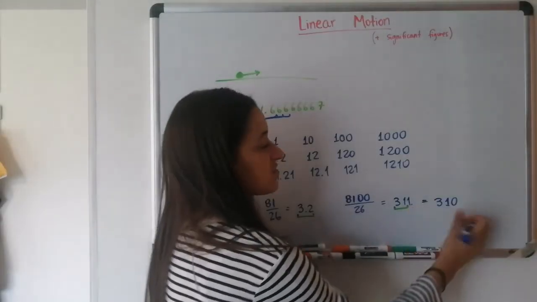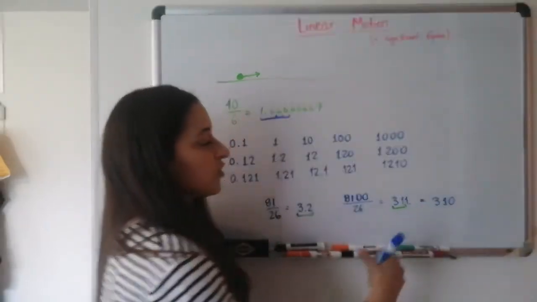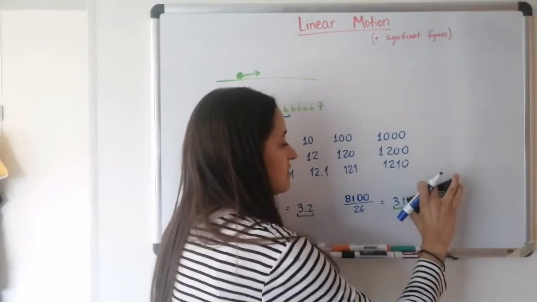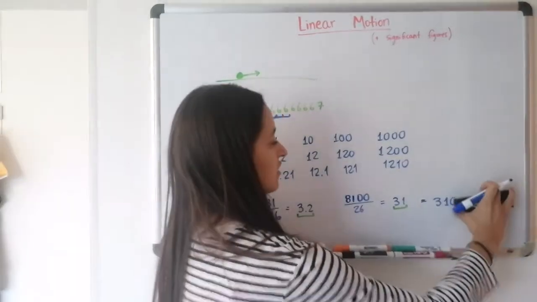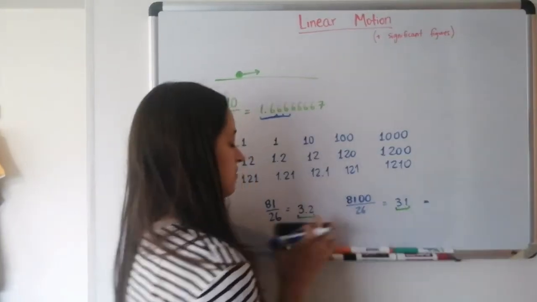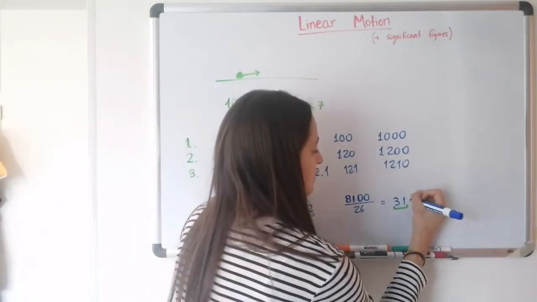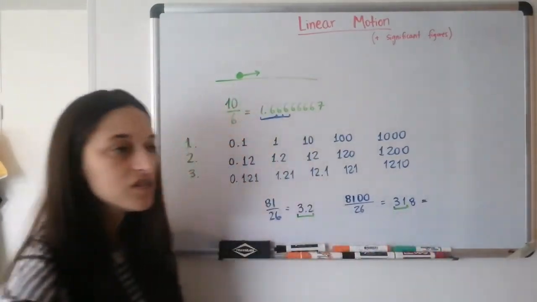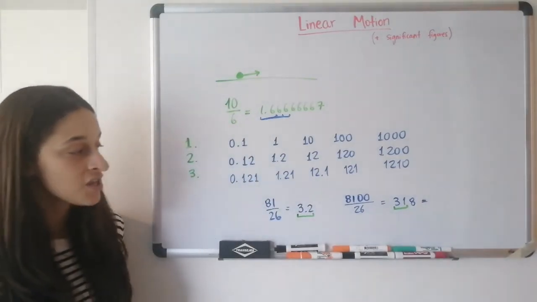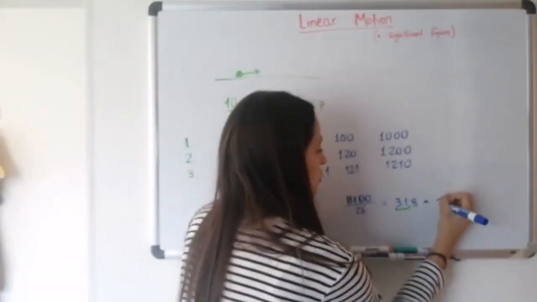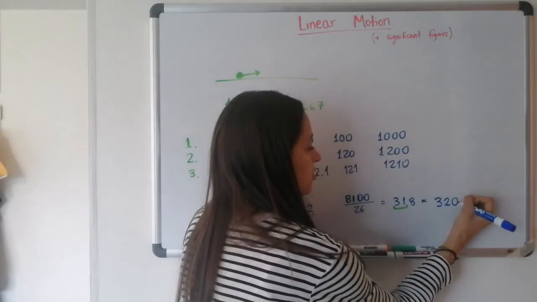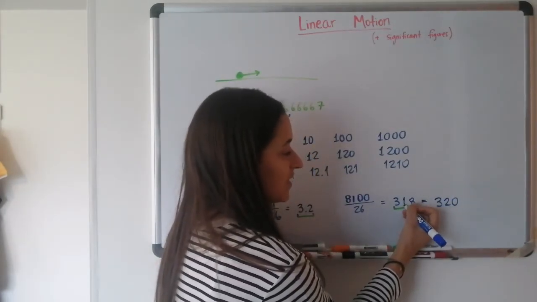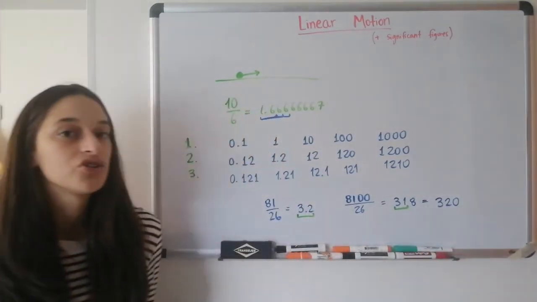So we need to keep the decimal point where it is, but we give less information. The same thing would happen if this were an 8, just like in the previous example. If this were an 8, then we have 318 point something. The closest number with two significant figures is 320. So we don't put 310 anymore, we would put 320. We round with this 8 to make this 1 a 2 and get 320.